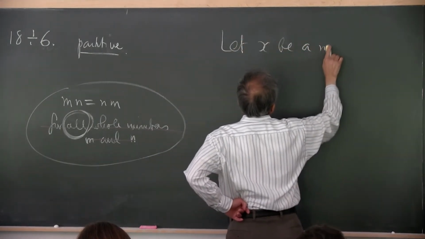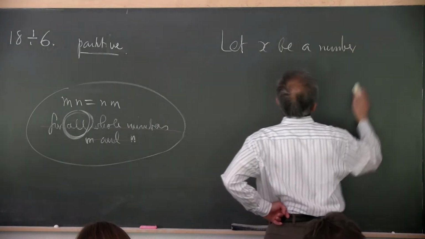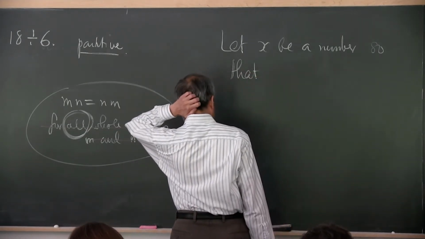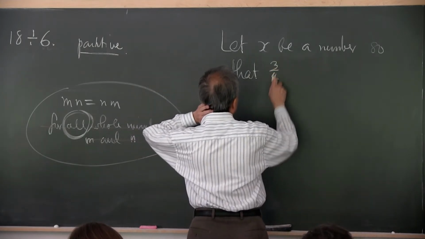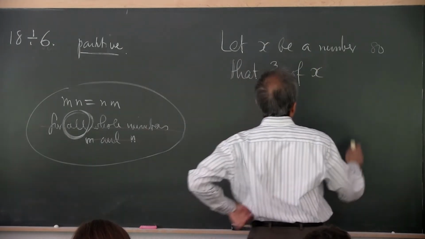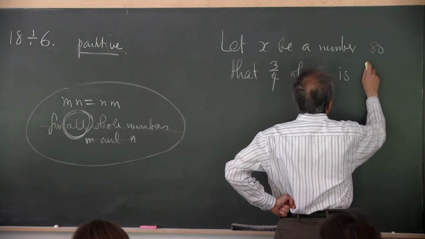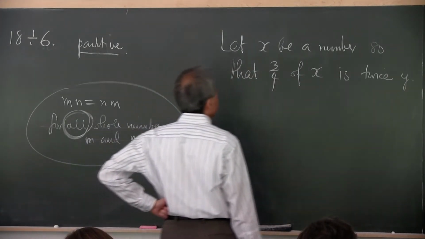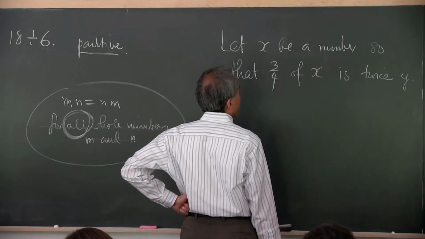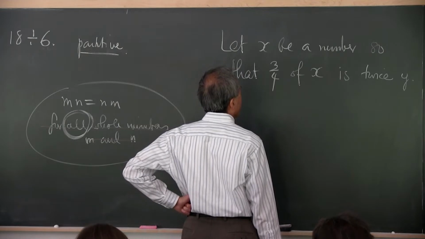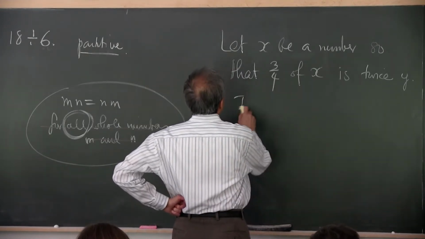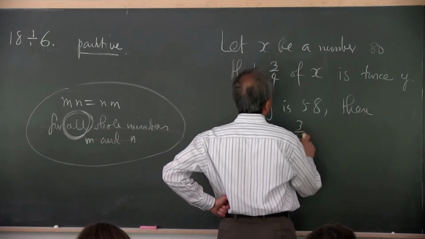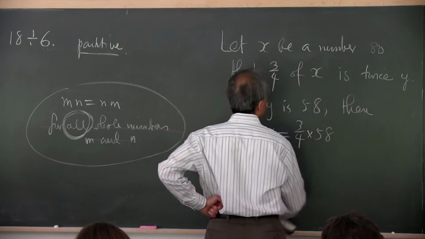Let X be a number, so that 3/4 of X times Y. If Y is 58, then X is 3/4 of 58. Oh, sorry, twice one.